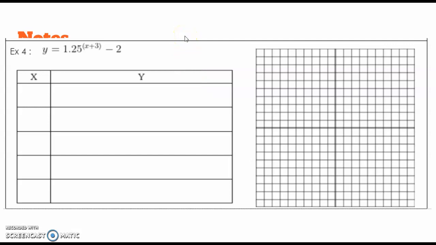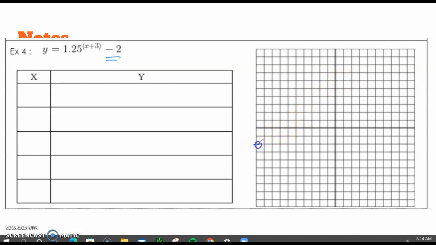All right, so let's try this one with a decimal real quick and see what happens. We're going to have to use a calculator for this one, but we can figure it out. It's never going to cross -2. We need to start with -3 and go up from there.